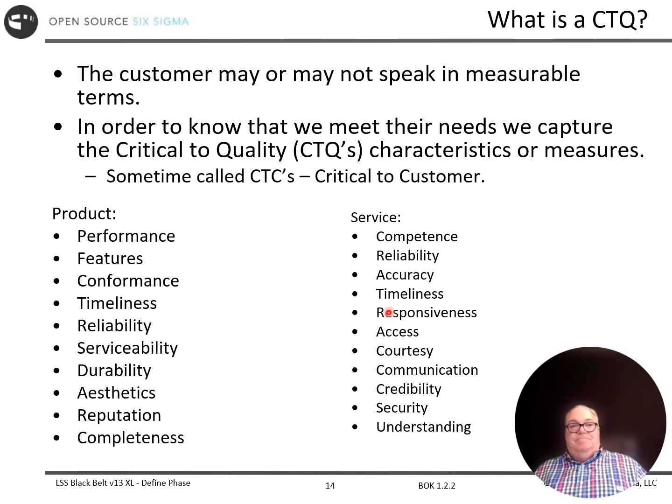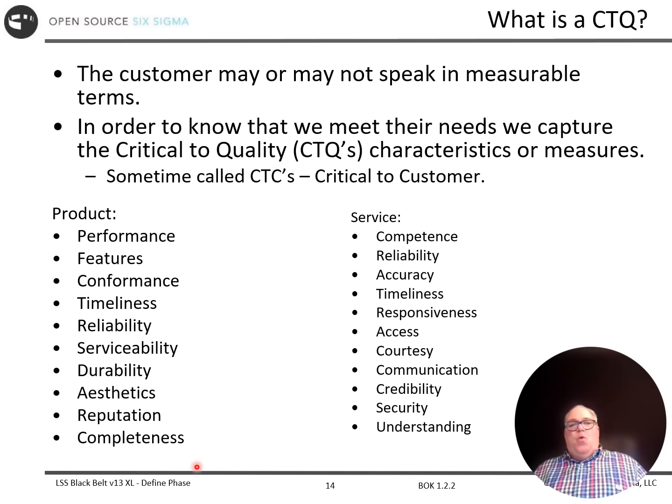On the service side, are you responsive? So when the customer needs you, are you there? Reputation and credibility go together. In some service industries, I work with Verizon. So hey, network security. Are you keeping people from stealing my data? The understanding, if you're providing services to the business, how well do you understand their business, and how are you making their business work better?